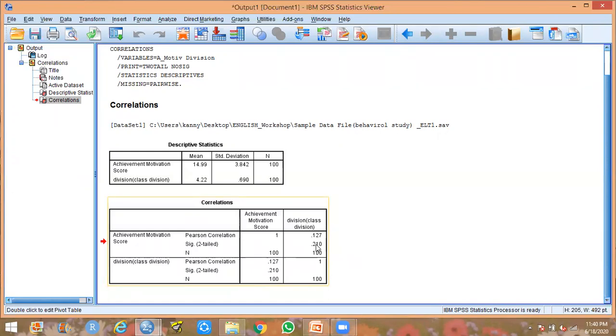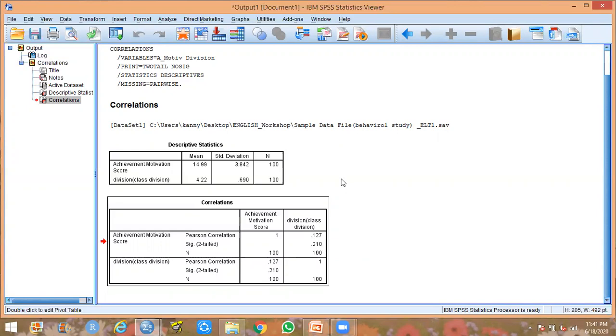Then we can say there is a relationship between the variables, but your significant value here is more than 0.21, so you are accepting your null hypothesis. What is the null hypothesis? There is no relationship between these two variables, achievement motivation and division.